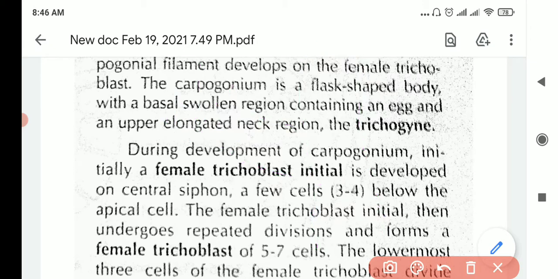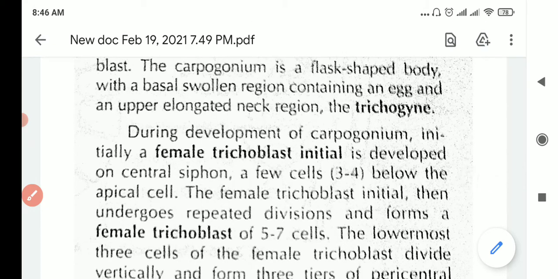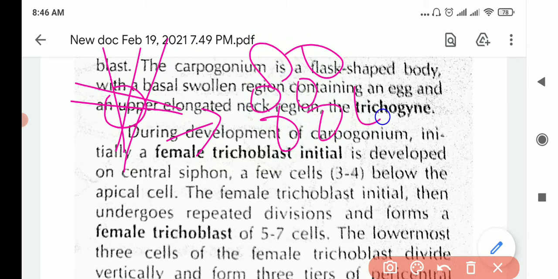Then this initial cell will undergo division. It will keep on dividing many times and will form the trichoblast, which has 5 to 7 cells.